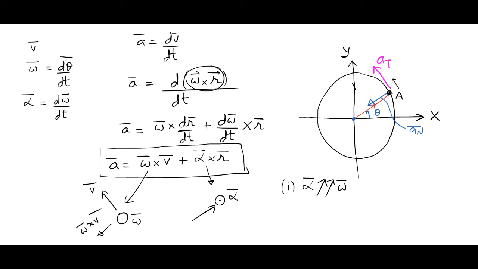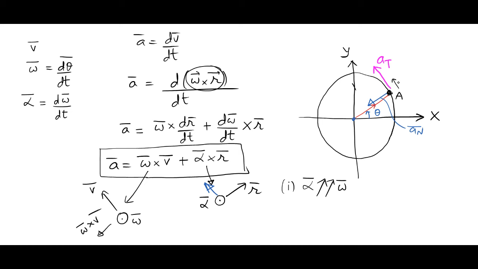So what I'll do is I'll just shift the vectors. So this is alpha bar, and r bar is in the radially outward direction. Now when you do this alpha bar cross r bar, what you get is a vector in this direction. That's alpha bar cross r bar, this blue vector which I've drawn, and it's the second component of the acceleration.